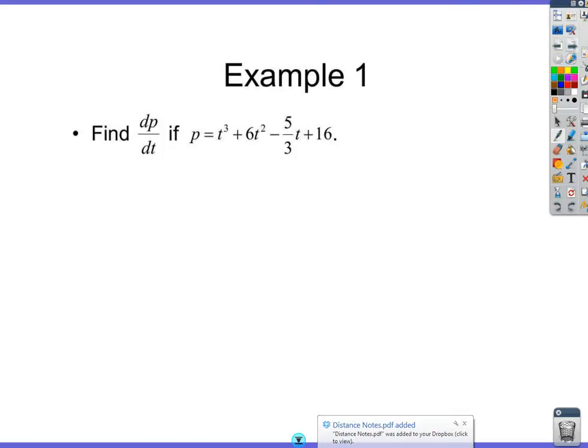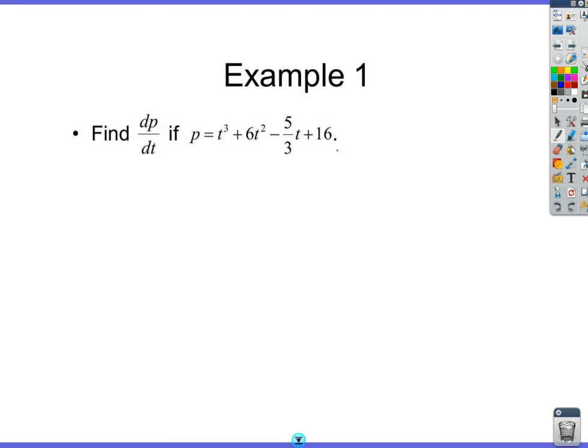We have a problem right here, example number 1. I want to take the derivative of p with respect to t, and here's my function. Notice there are a lot of different things going on. It's a big function, but I can use my rules in very small chunks.